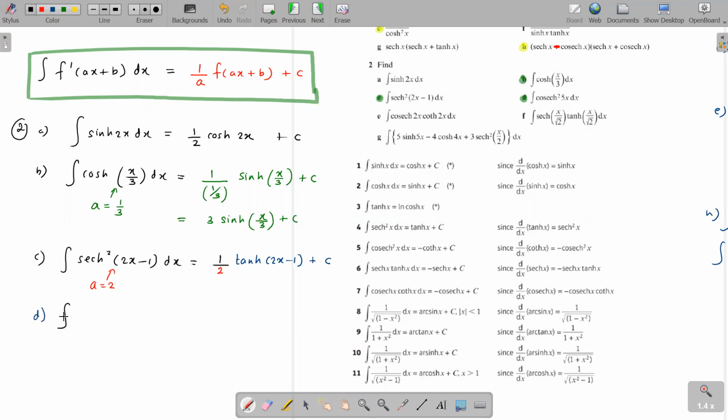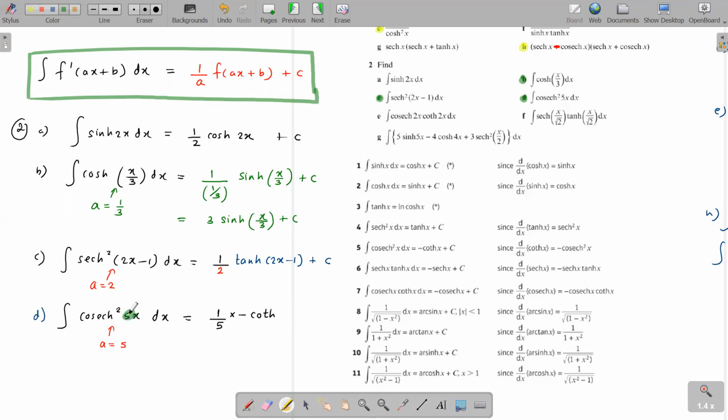Integration of cosec square 5x. So what is the a value here? In this case, your a value is 5. So it's going to be again 1 over a, which is 1 over 5. Cosec square integration is rule number 5, minus cot. Is it just x?